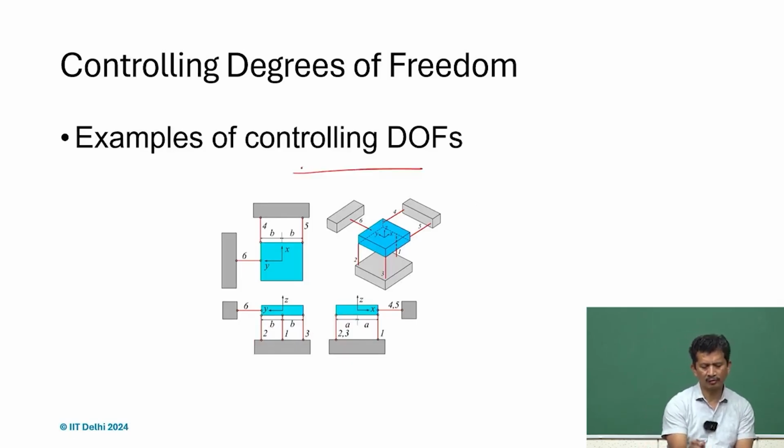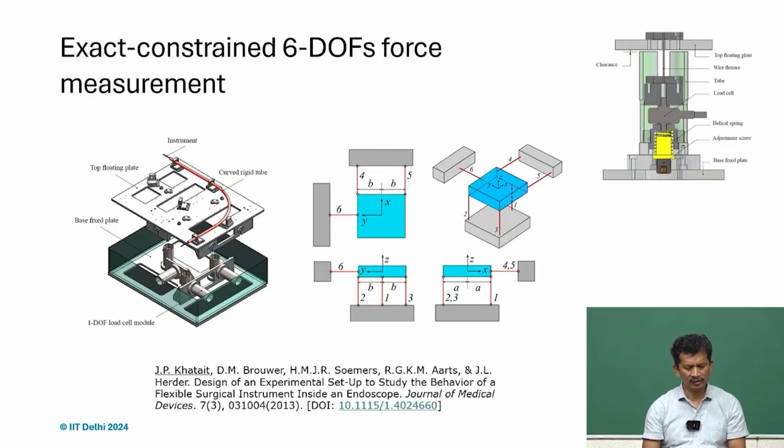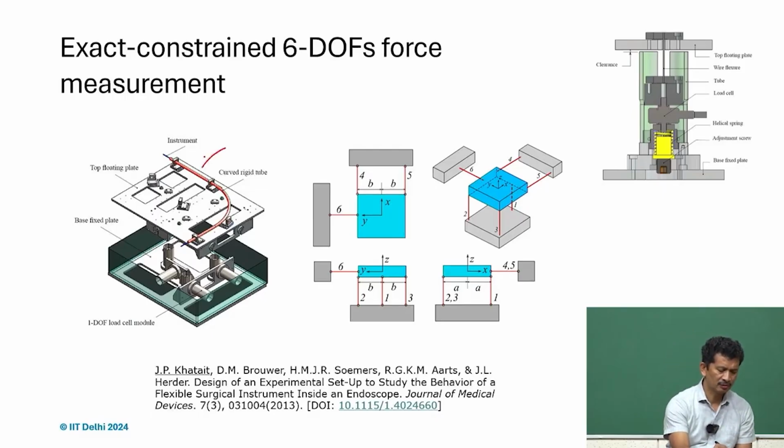So, some more examples we can use, and how we can control different degrees of freedom. This is from my PhD work, and what we wanted to have is exact constraint 6 DOF force measurement.